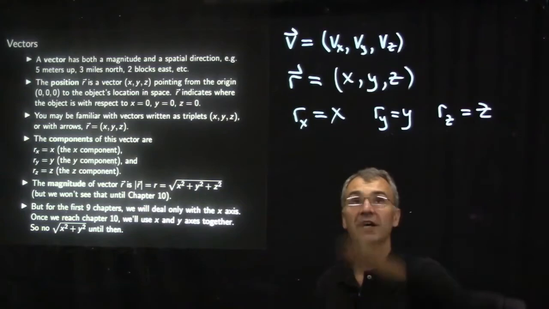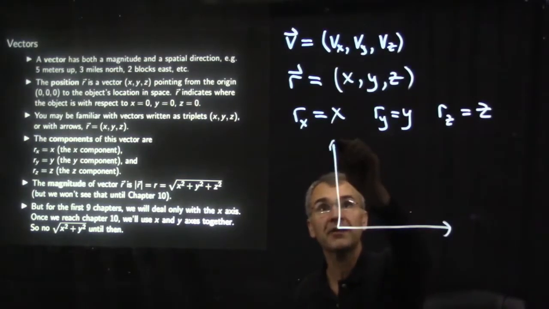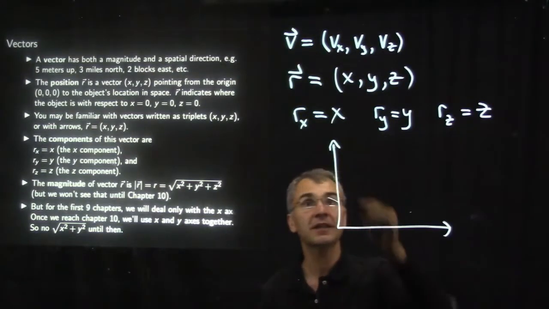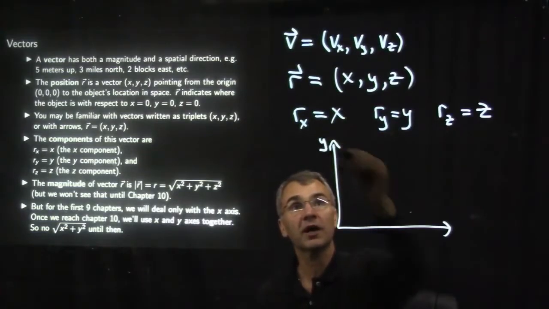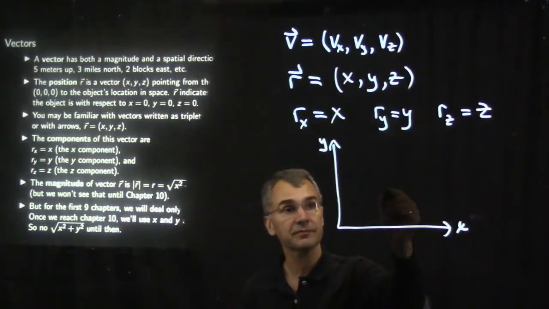By the way, I wrote this as an ordered triplet. From a secondary school math class, you may have studied vectors in the plane, and often we used y for the vertical axis and x for the horizontal axis.